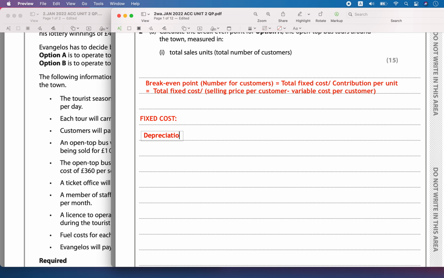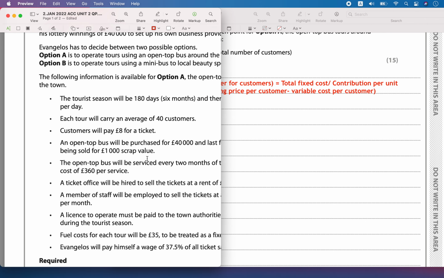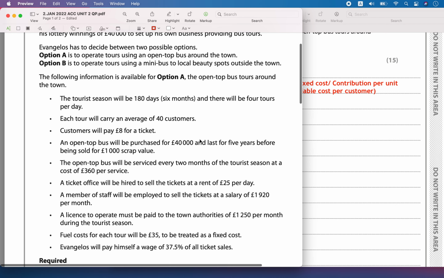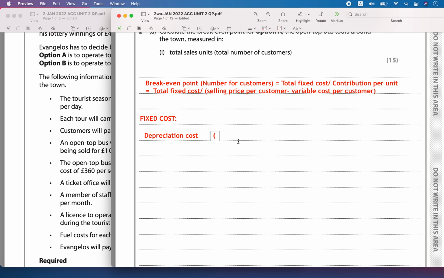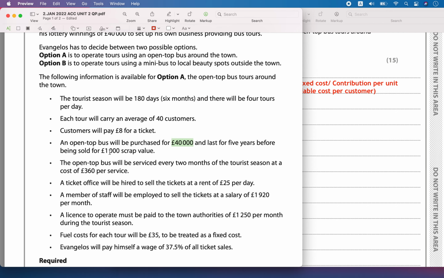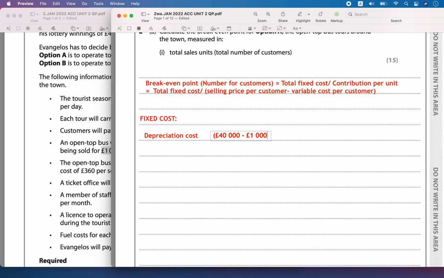So £40,000 minus £1,000 scrap value, divided by the number of years, 5 years.